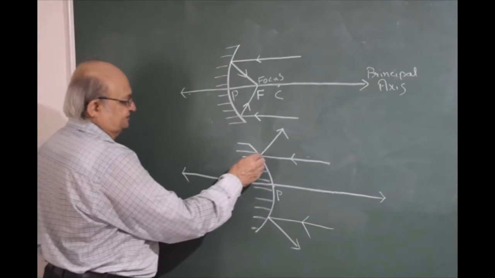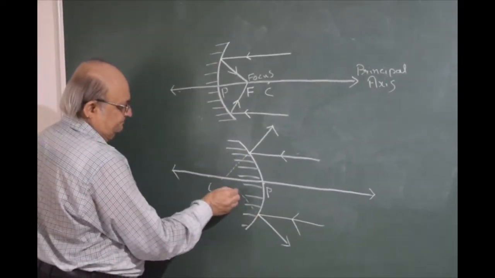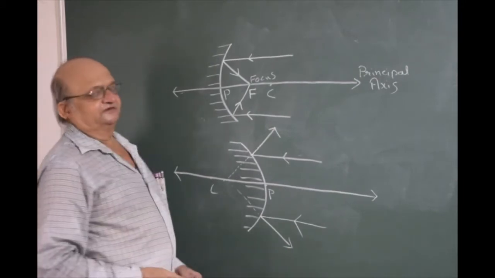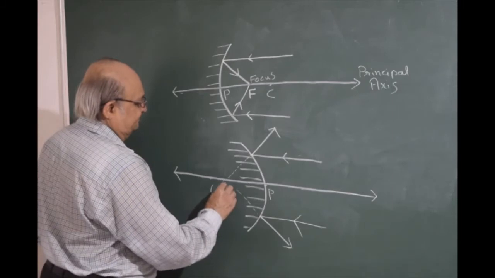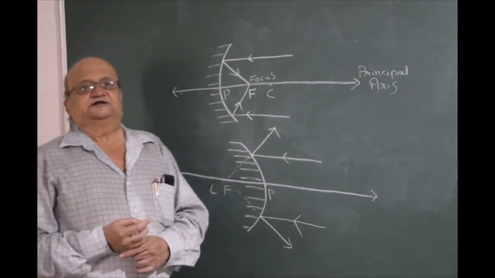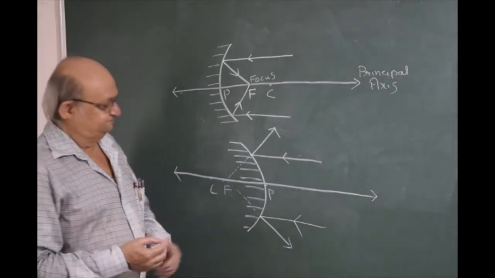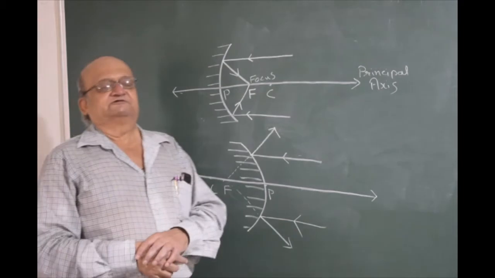However, when we extend them backward, they appear to meet at a point on the principal axis, and that becomes the principal focus of a convex mirror.